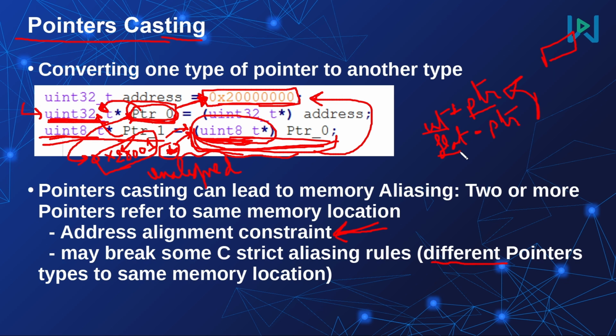This of course will create some issues when it comes to the precision of the data read from this memory address. In general, pointer casting leads to what is called memory alias, which means having two or more pointers pointing to the same memory location.